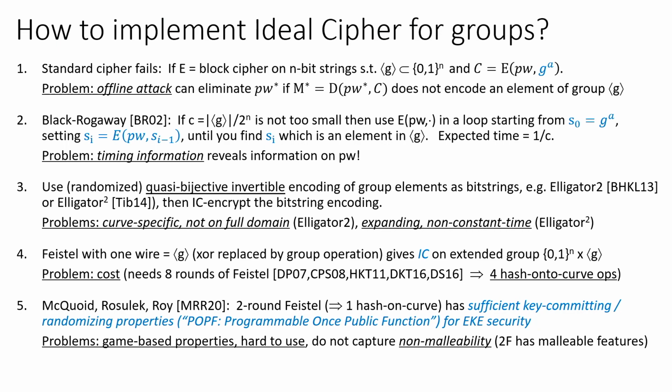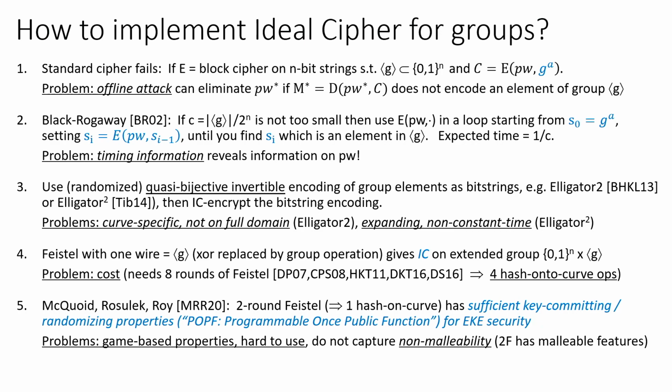Elligator, first of all, works only for some elliptic curves, not for others, but also it only works for half the domain. So every other point you can do. What does it mean? You suddenly have to resample so that your point is in the domain that Elligator can actually process. You can do it, but it's not the most convenient, and it increases the running time of the protocol.